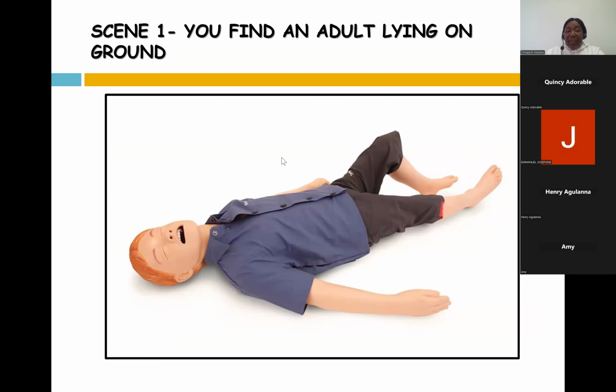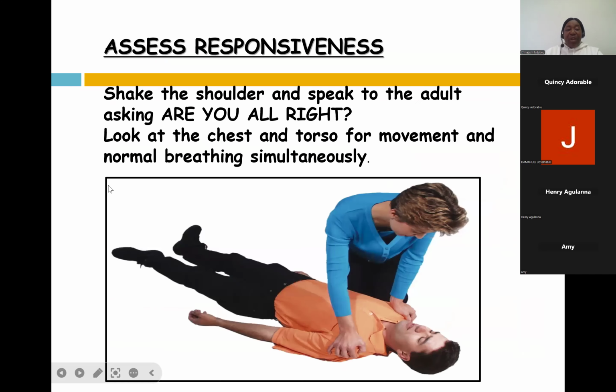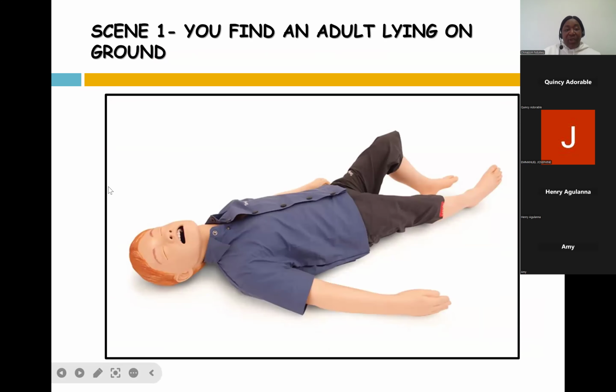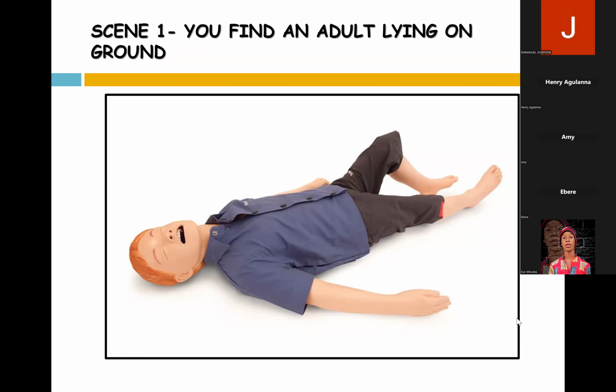Can we type in what you are checking for when you're assessing for responsiveness? I'll just give a few seconds while you type it in. What two things are you checking if you're assessing this patient for responsiveness? What are you expecting to see or not to see?